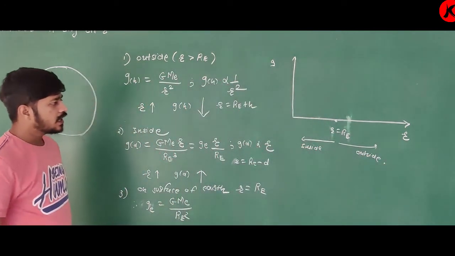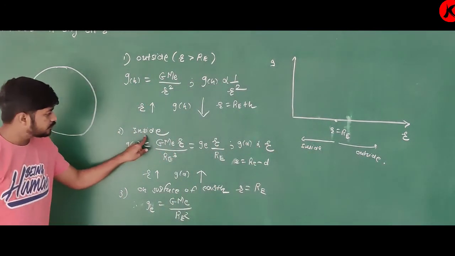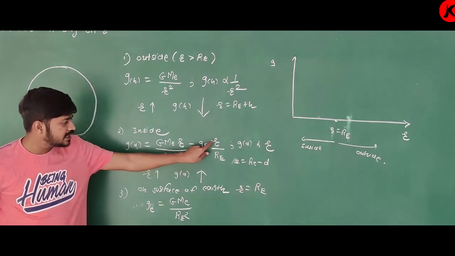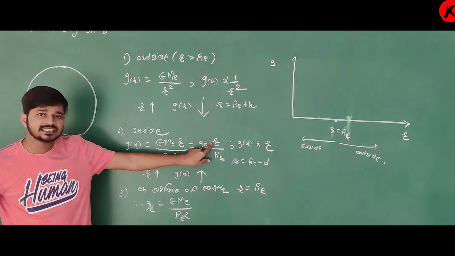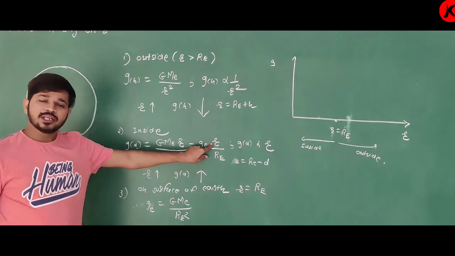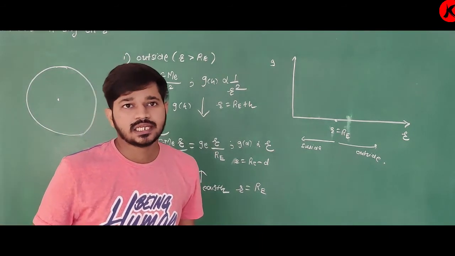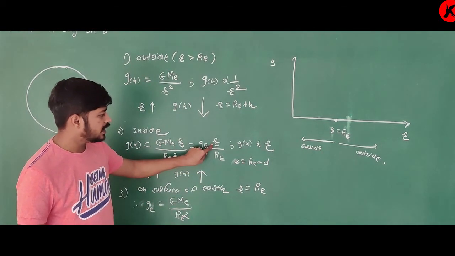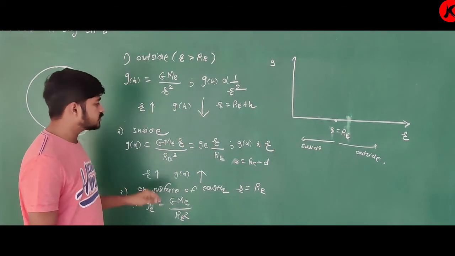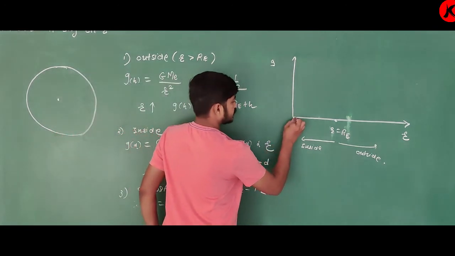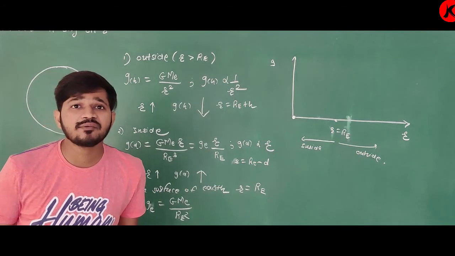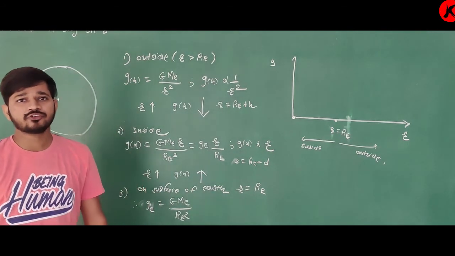For inside, GD is equal to GE r/RE, where r is the distance from center. If the point is at center, r is equal to 0, then GD is also 0. So yes, at center, gravitational acceleration is 0.